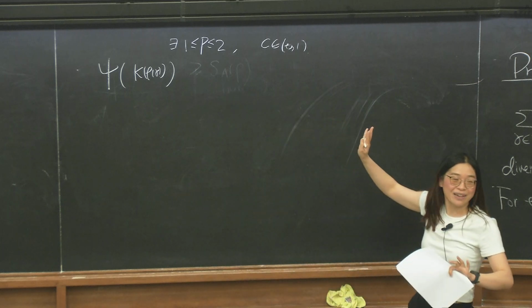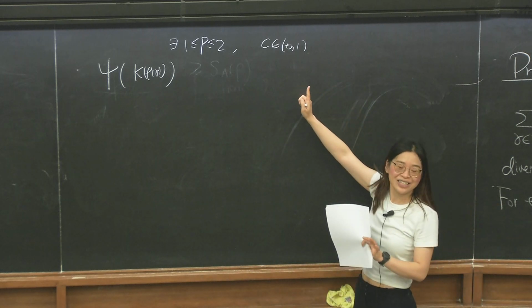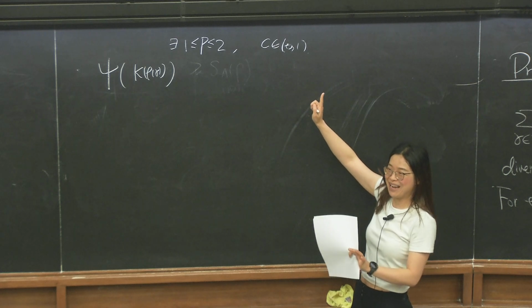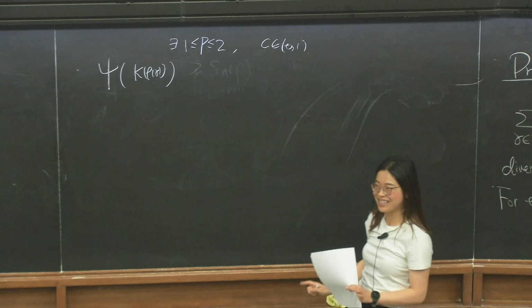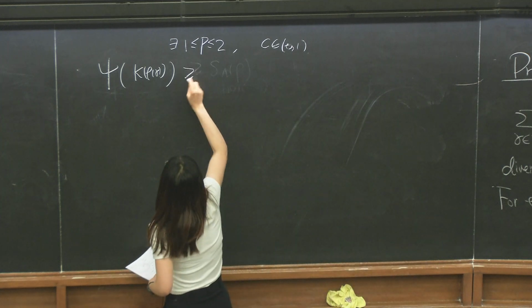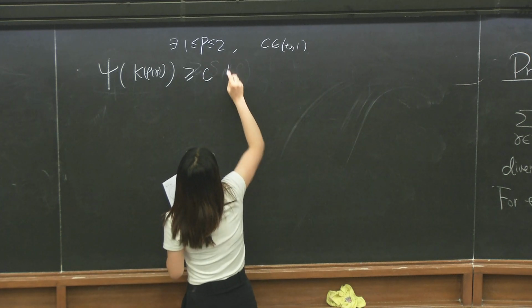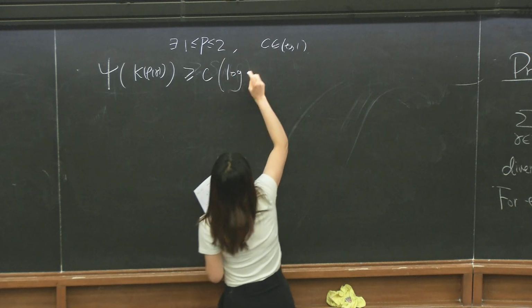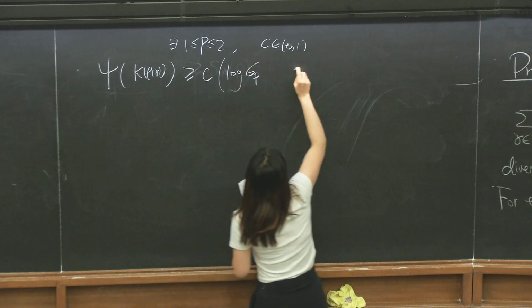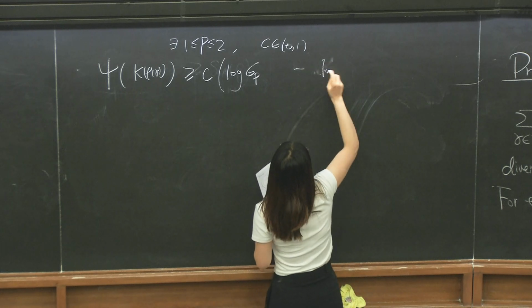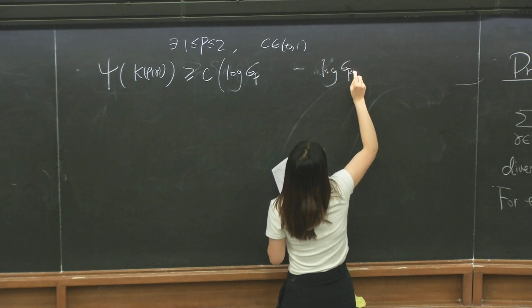Now, this constant c, note that it's going to change line by line. I'm not going to keep track of the constant c. So I know that one coefficient is greater or equal than 0, so it should be c times some sigma_p log minus log sigma_{p+1}.